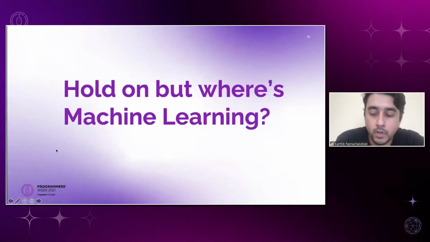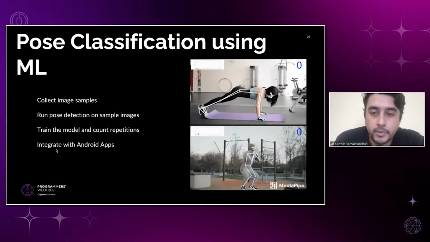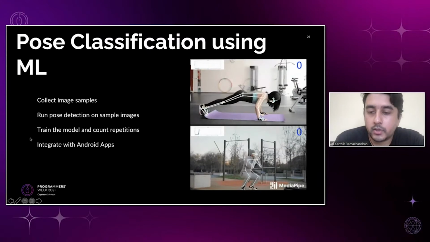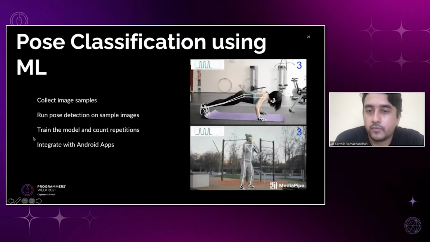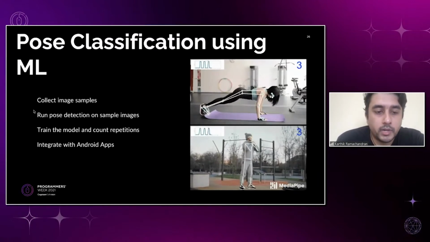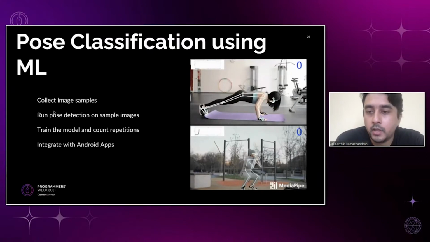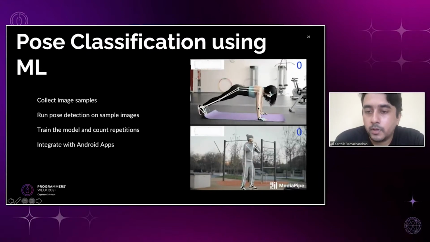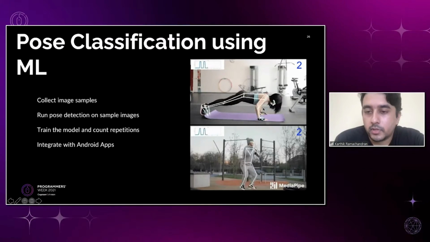So far I have covered pose detection. You might be wondering where is machine learning in all this. Machine learning comes into play for pose classification. For pose classification, as you can see on the right hand side, you use a bunch of image samples to create a model, and then integrate it with the Android app, and then you can detect if the push-up is a perfect one.